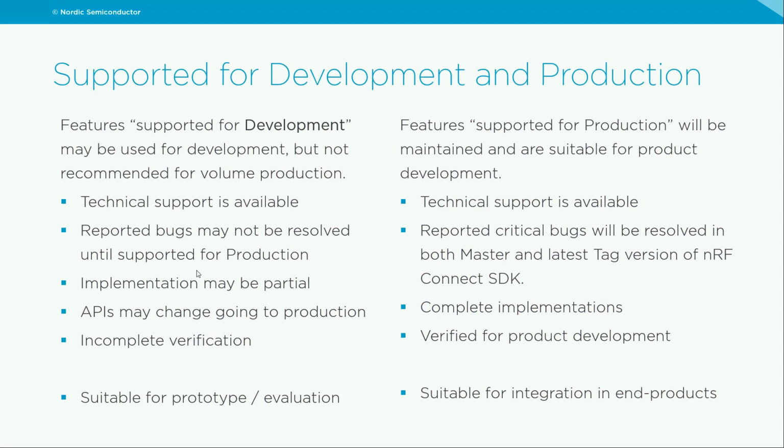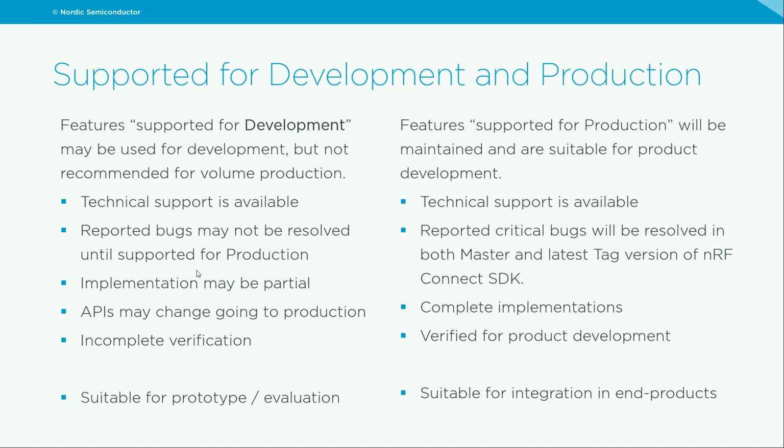Just quick on supported for development versus production. So we often write this in our release notes, in our documentation. And if the feature says supported for development, it can be used for development, but it's not recommended for volume production. Whereas features supported for production are maintained and are suitable for product development.